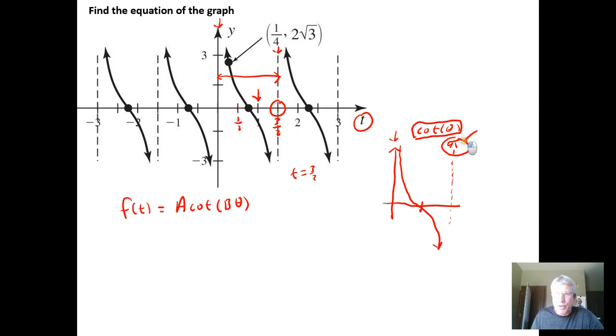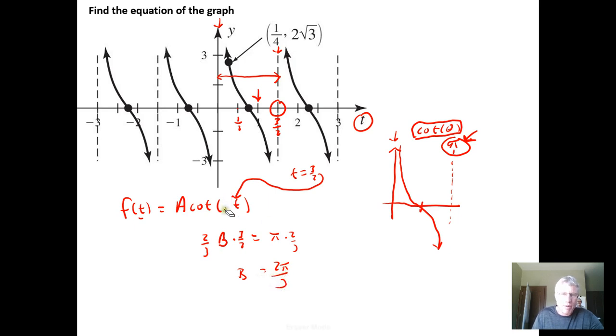But on the toolbox function that occurs at pi radians, so that should be a t, because I have a t-axis and a function of t. So when we plug t equal to 3/2 in for t, we need b times 3/2 to equal pi, the location of the vertical asymptote on the toolbox function. Multiply both sides by 2/3, and we get b equals 2 pi over 3.